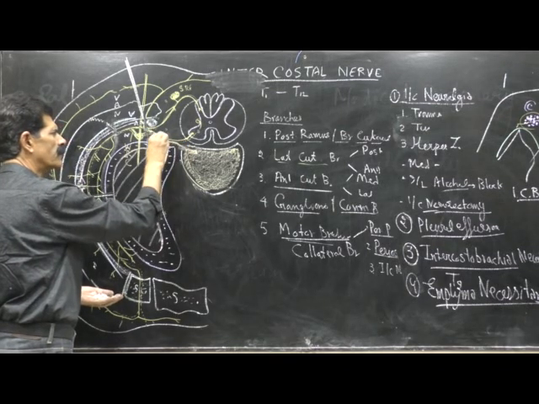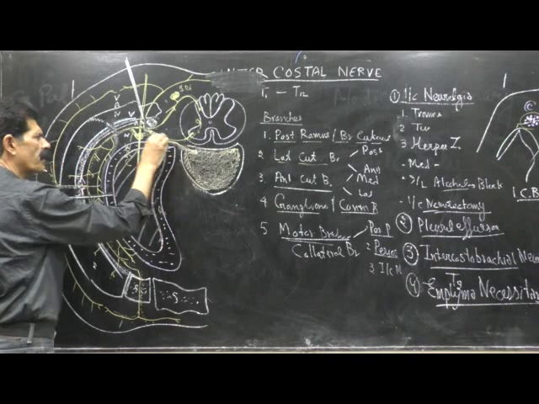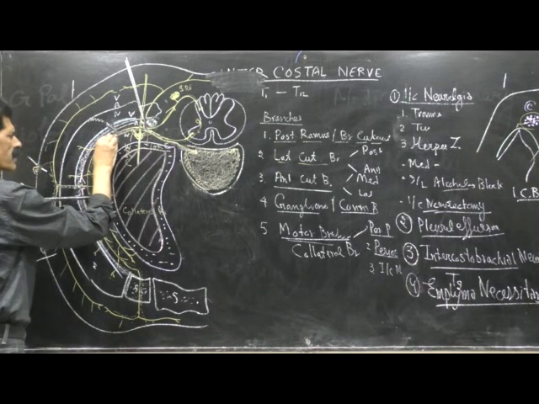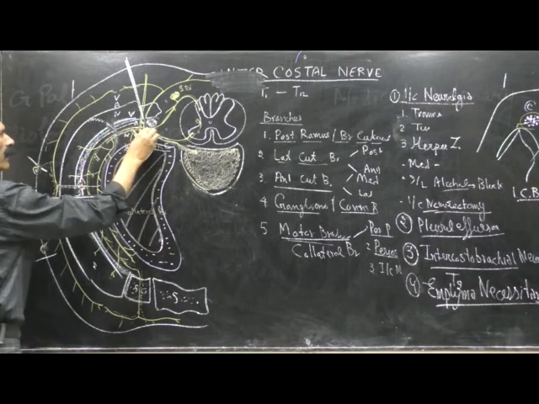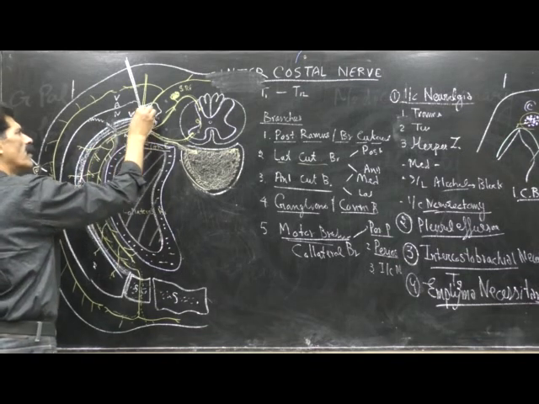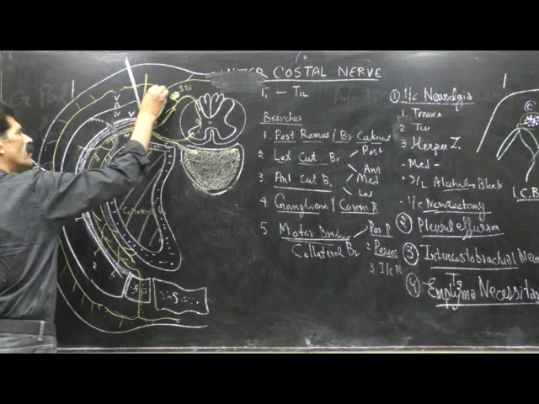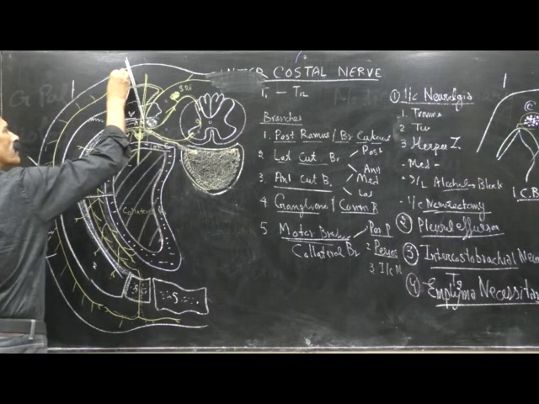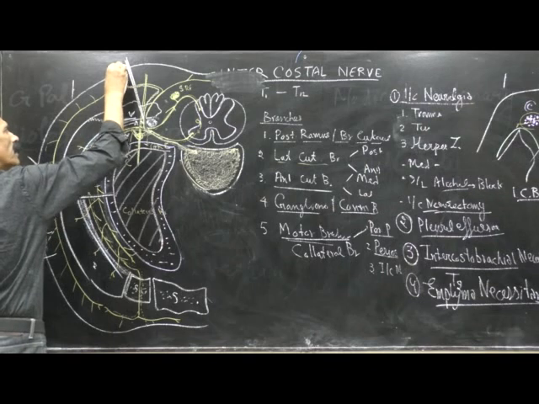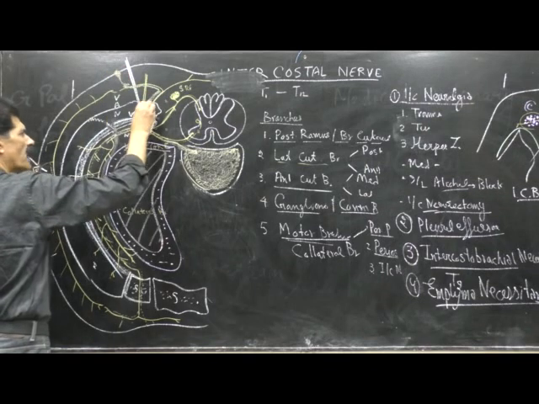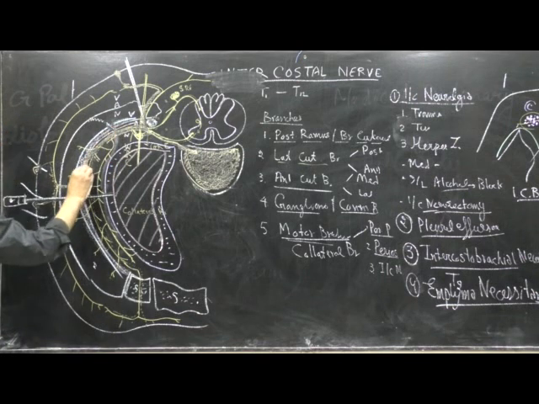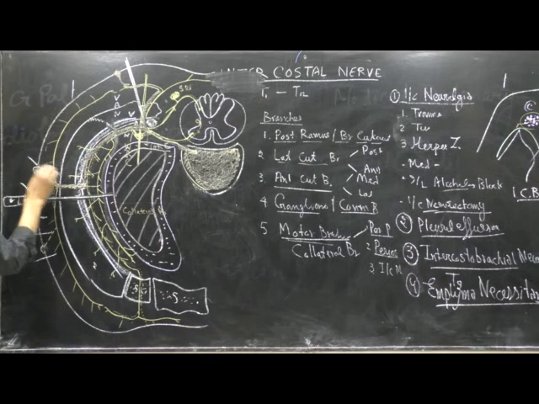So they accompany the intercostal nerve, and this cold abscess may travel along with the dorsal branch, and this pus reaches the skin along with the cutaneous branches of the dorsal branch, or it may travel through the lateral branch and reach the skin with the branches.